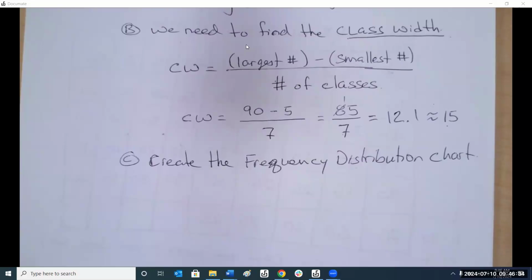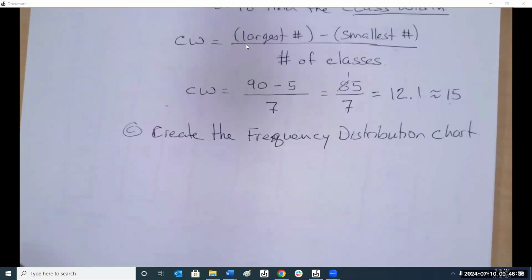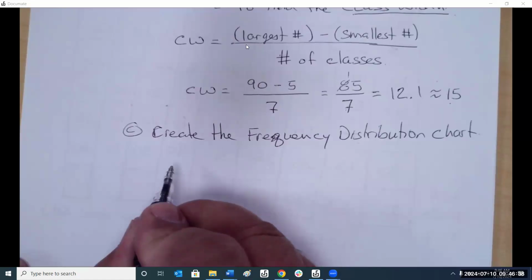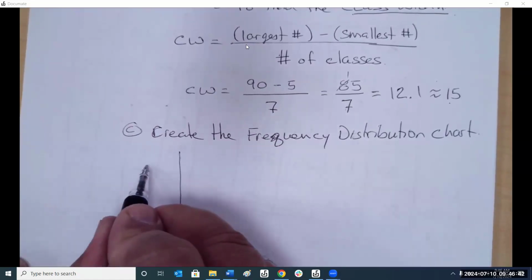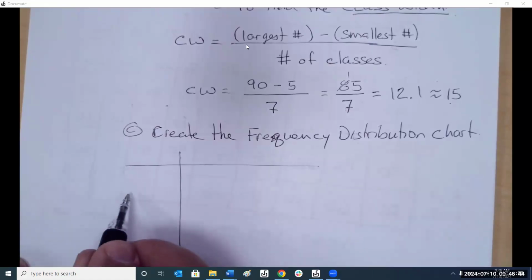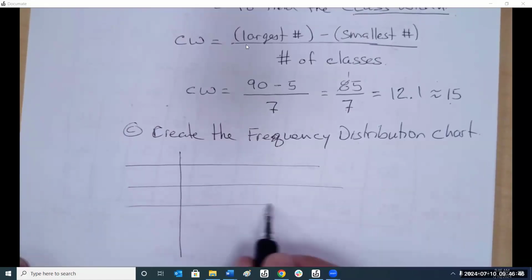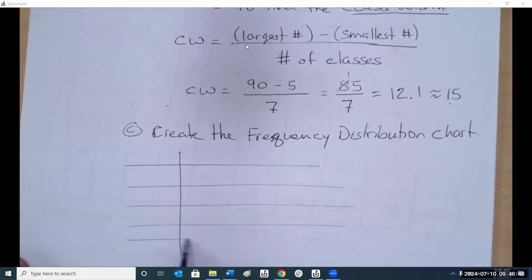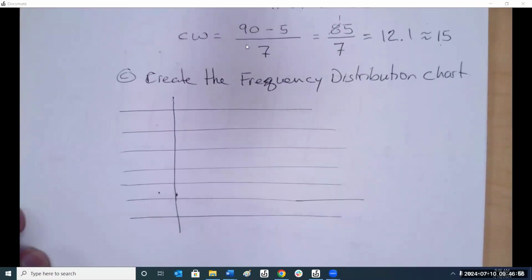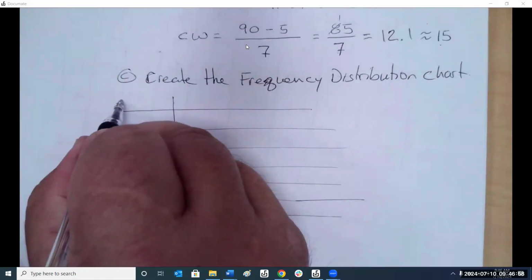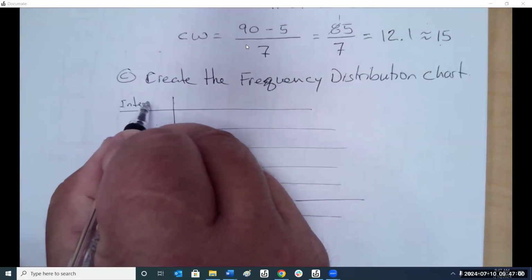We know what the high and low numbers are. These are our intervals.